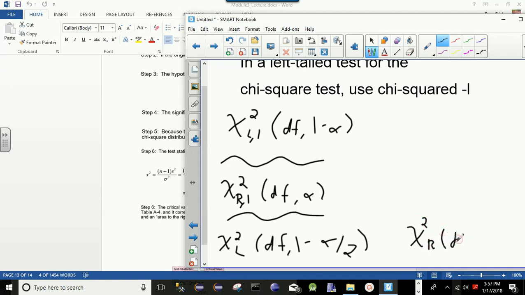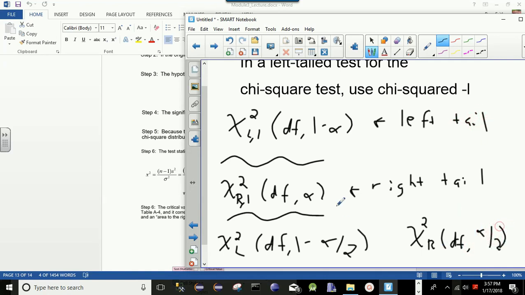So this is for right tail. This is for left tail. And the last one is for two-tailed. All right, so remember these formats.